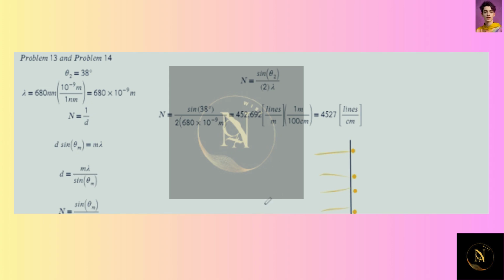The more lines or the more slits you have in the diffraction grating, the brighter these lines become. That won't affect their location, because if we go to the grating itself, the grating is going to be here. So let's draw the grating. Let's suppose this is the whole grating, and here are a couple of the slits in this diffraction grating.